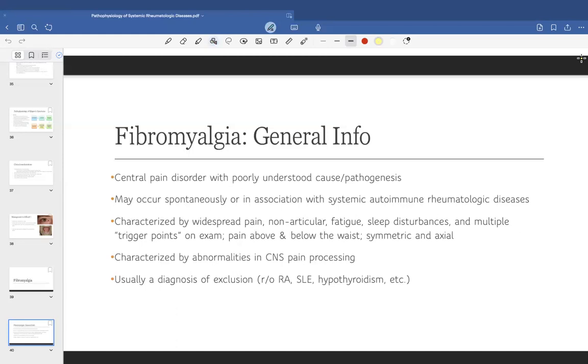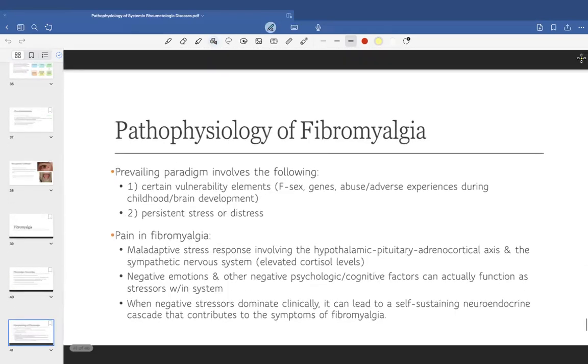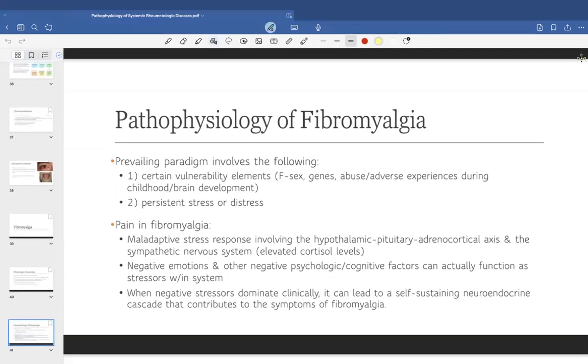So it definitely happens more in the female gender. There may be some genetic predisposition. There's often some kind of trauma or abuse that occurred during early childhood, during brain development, that has affected these patients' pain processing. And then they get under this kind of persistent stress or distress.